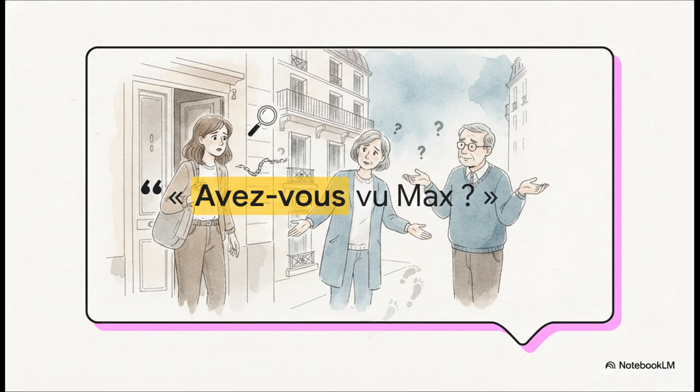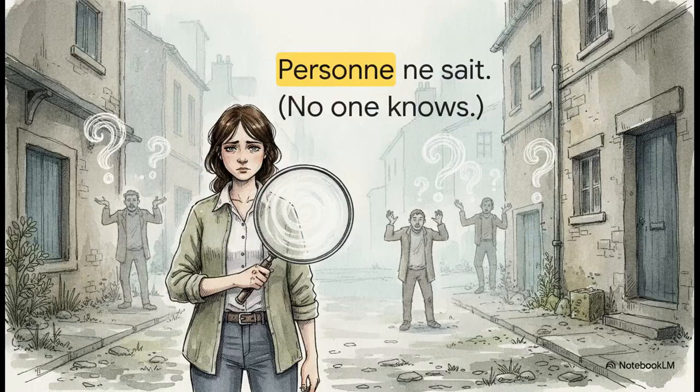Put it all together, and we have her desperate plea to the witnesses. Have you seen Max? But honestly, the investigation hits a massive wall right there with the stark, dramatic realization, personne ne sait, no one knows. Personne in this negative construction means no one, and sait comes from the verb savoir, to know. The trail is completely cold.